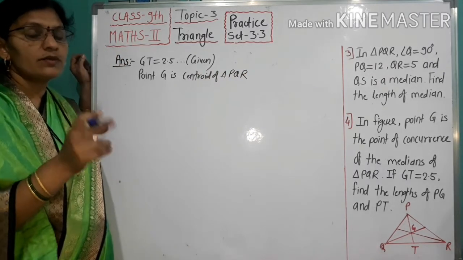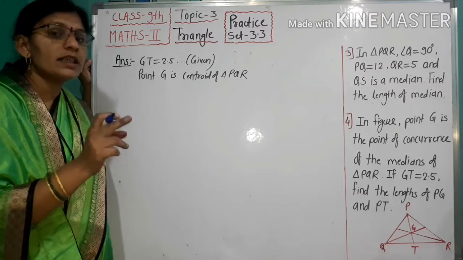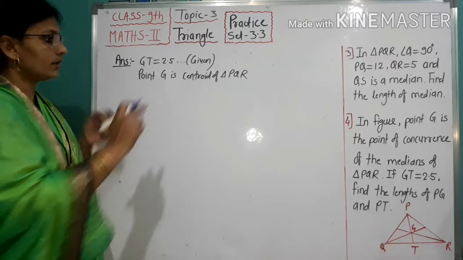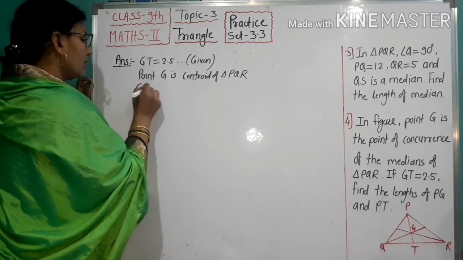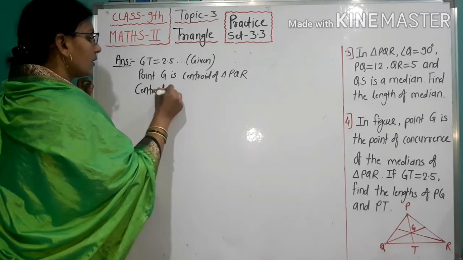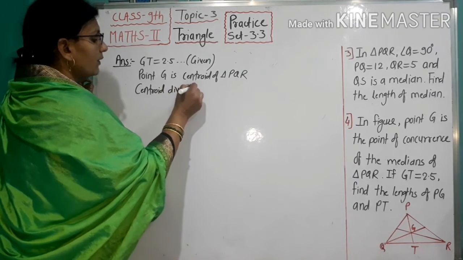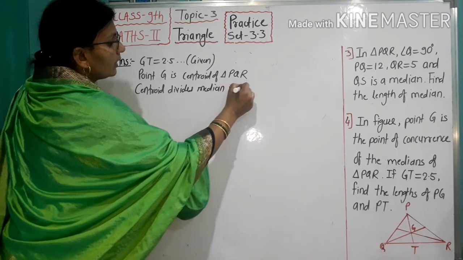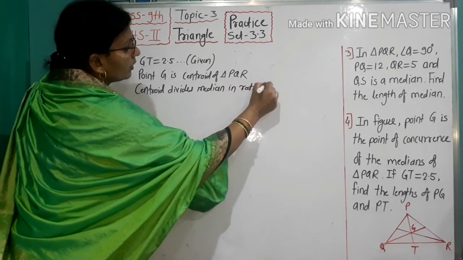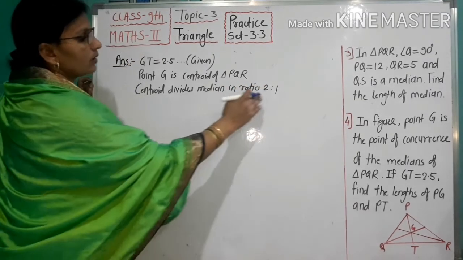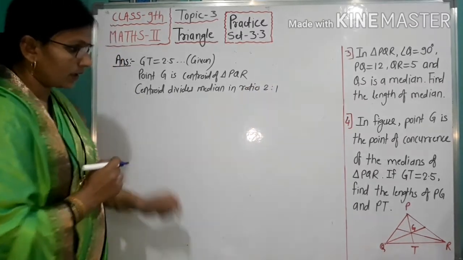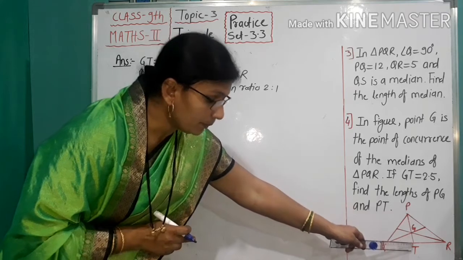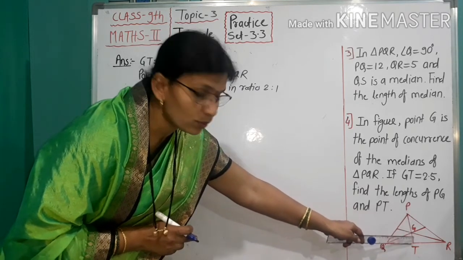And the property of the centroid is that the centroid divides the median in the ratio 2:1. So, from the figure, point G divides median PT in the ratio 2:1.